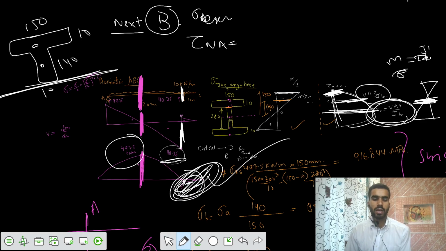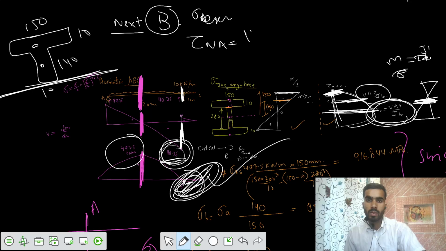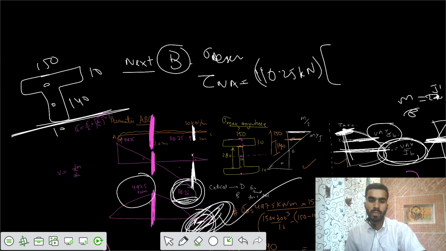So I calculate the A y bar about the neutral axis for this part: 140 into 10, centroid at 70, plus the second area 150 into 10, centroid at 140 plus 5, 145, divided by I_NA.